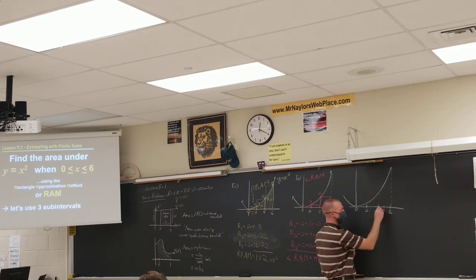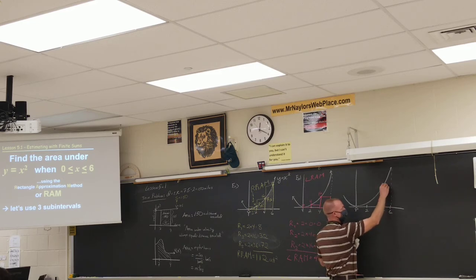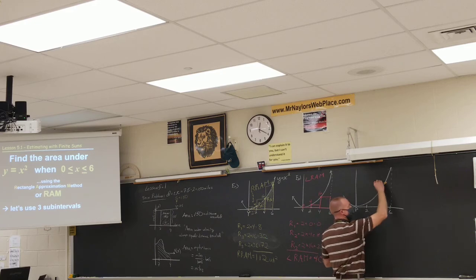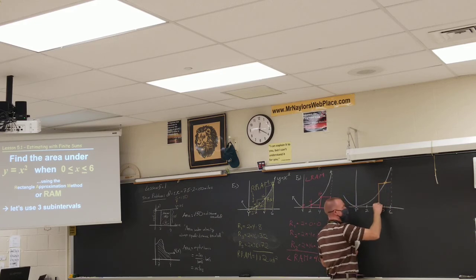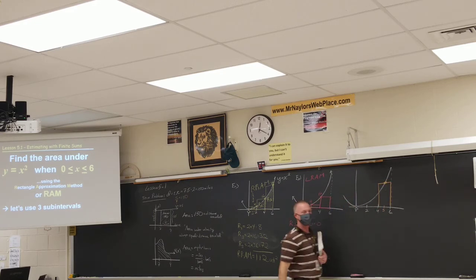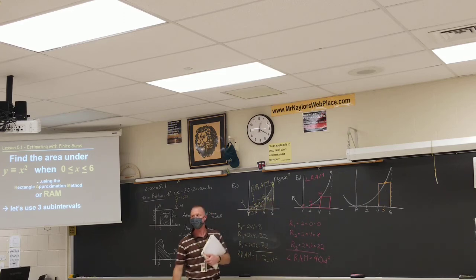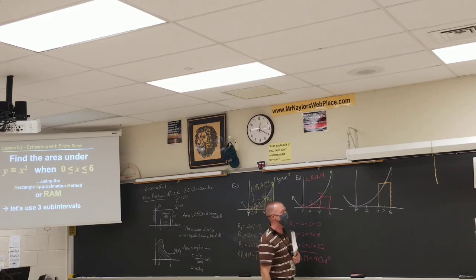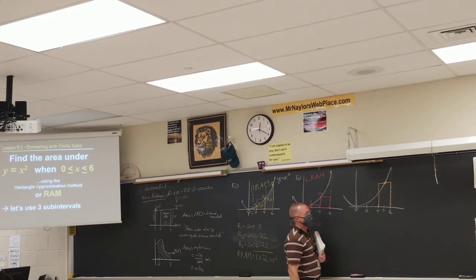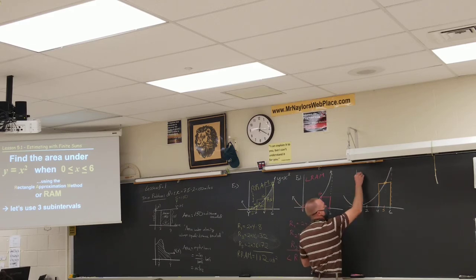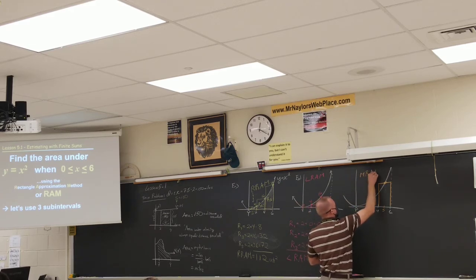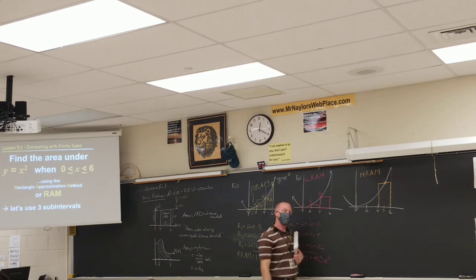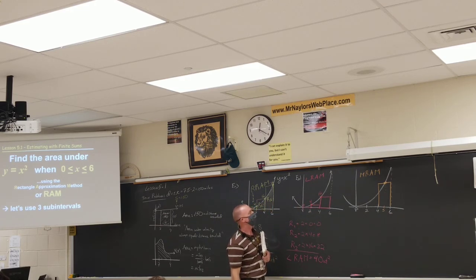If I go to the middle and I go up and meet the function, then my rectangle has a little bit extra and a little bit missing. It seems like my rectangle is a little more balanced. Now we call this the M-ram, for middle rectangle approximation method. The M-ram.